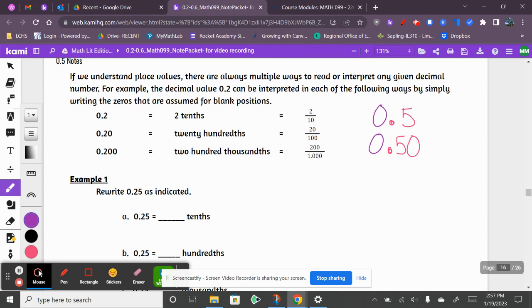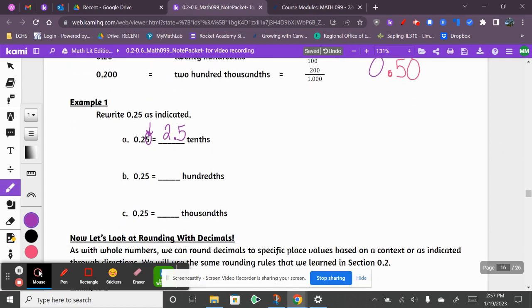So if we think of this as 0.25 and we think of it in terms of tenths, we'd then be focusing on our decimal place value here. So this would be 2.5 tenths. If we think of it in terms of hundredths, we can use both decimal place values. So this is in the hundredths place right now, the way that it is.